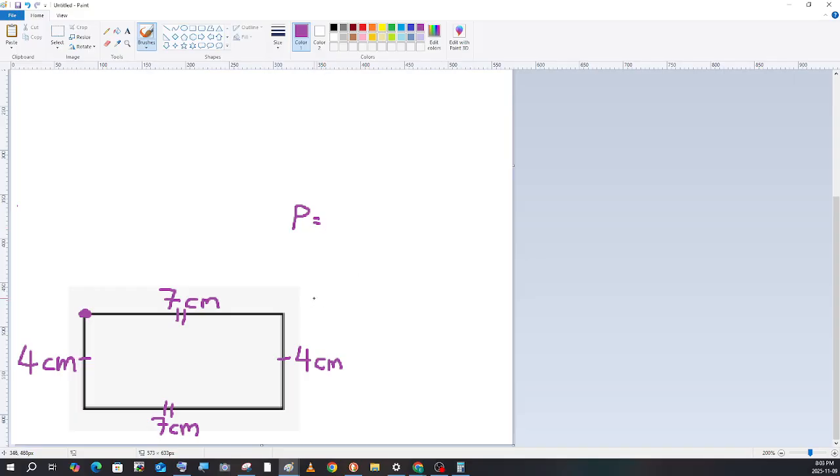All right, so like we said, the perimeter, which I'll use P to represent, is just what you would get if you added all the side lengths of the rectangle together. Now for a rectangle, it works out that it's going to be 2 times the length of the long side plus 2 times the length of the short side. So I can go 7 times 2 plus 4 times 2.